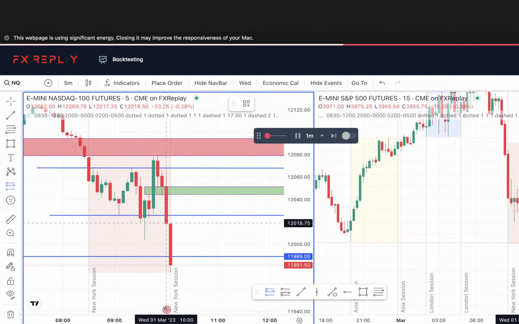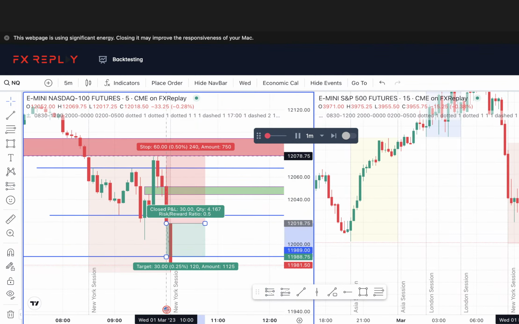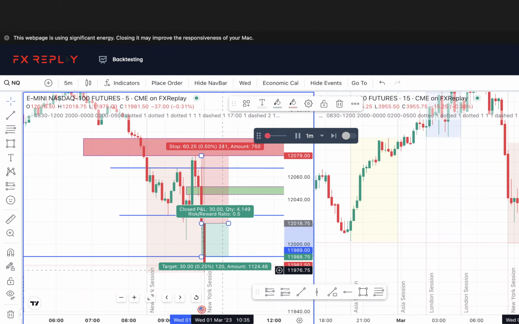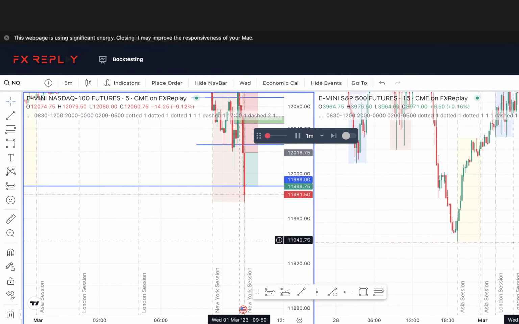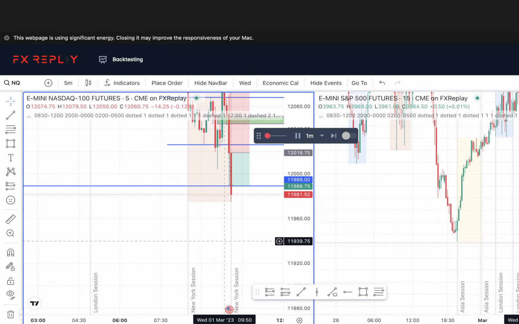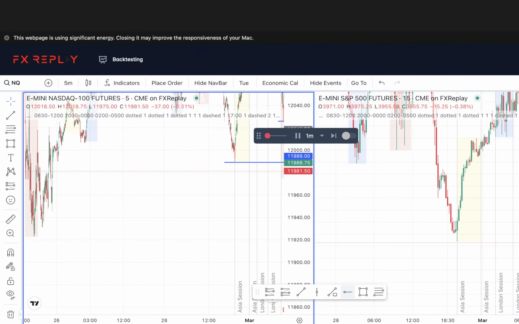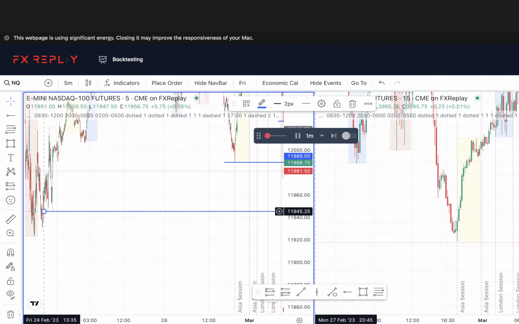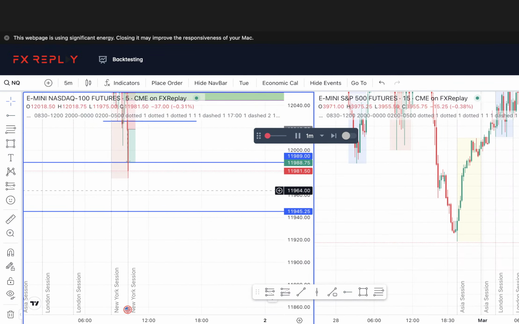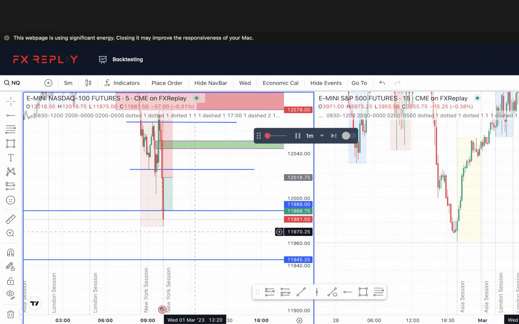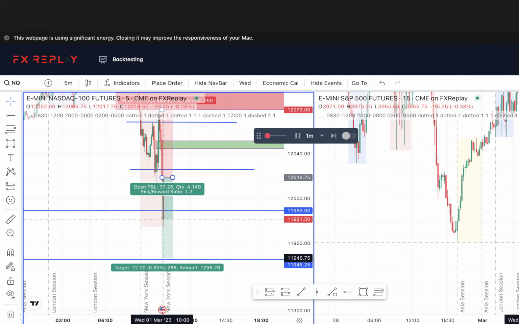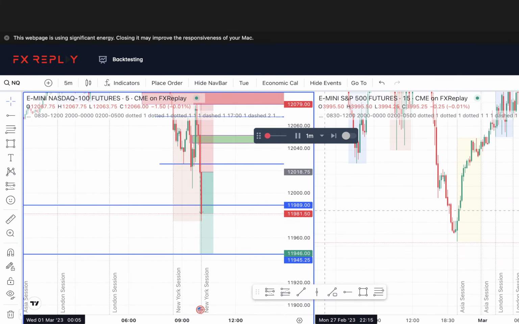So at that point, you want to look at, you just take a 1-to-1 maybe, or we'll look and see if there's any more liquidity we can take out. So there's one here. So let's just take it to there. Let's not get greedy. That's still not a good risk to reward.